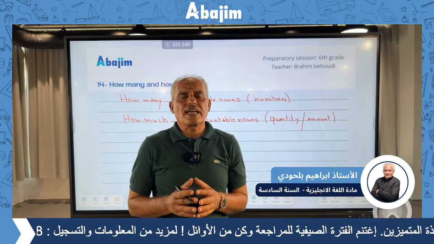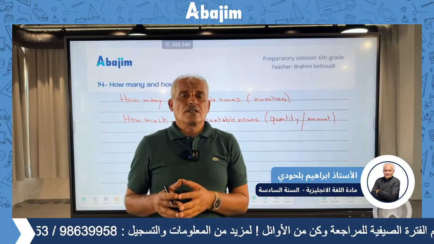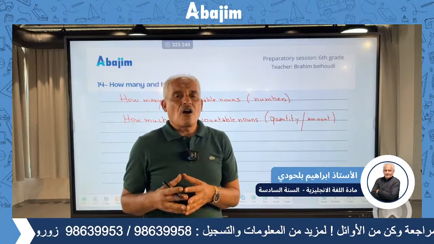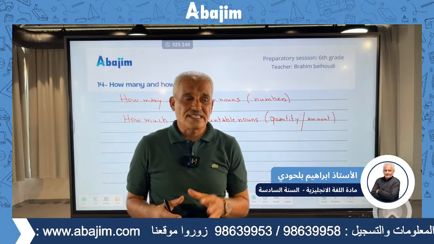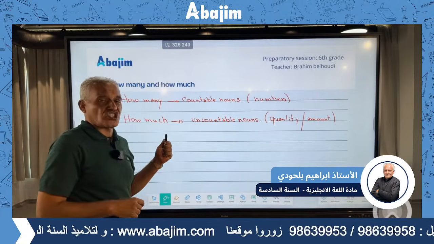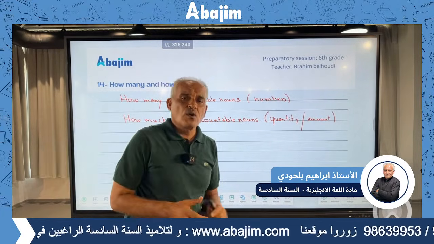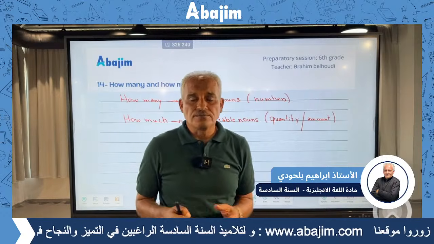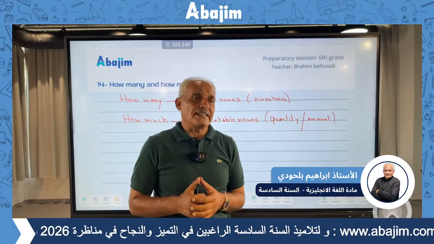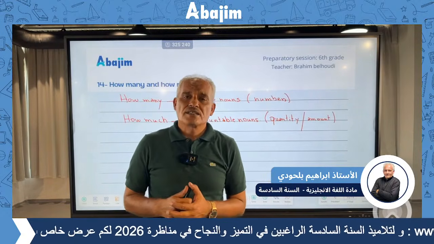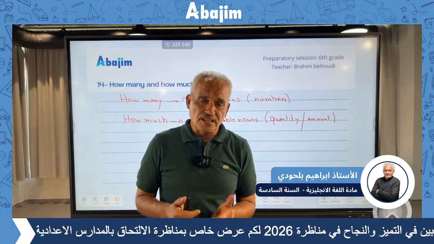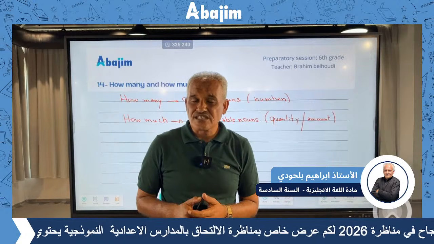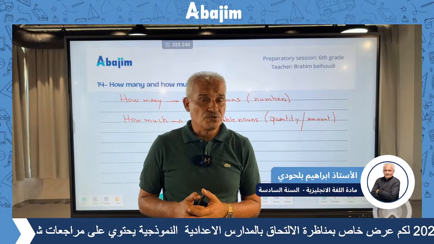For example, I say, how much money do you need to go on a picnic? How much money do you need to buy a bicycle? So I use how much about money. For quantity, when you go to the shop to buy some oil, you greet him, hi, hello, and say, please give me some oil. The shopkeeper asks you, how much oil would you like?